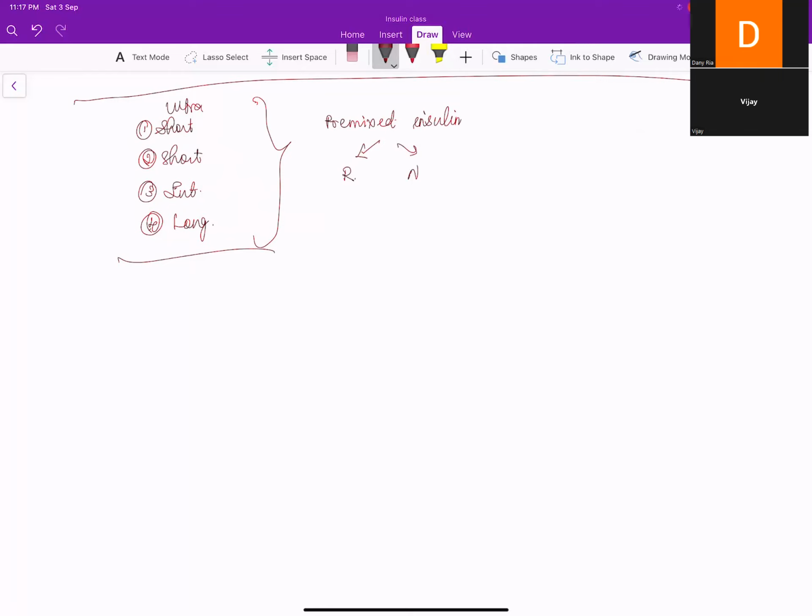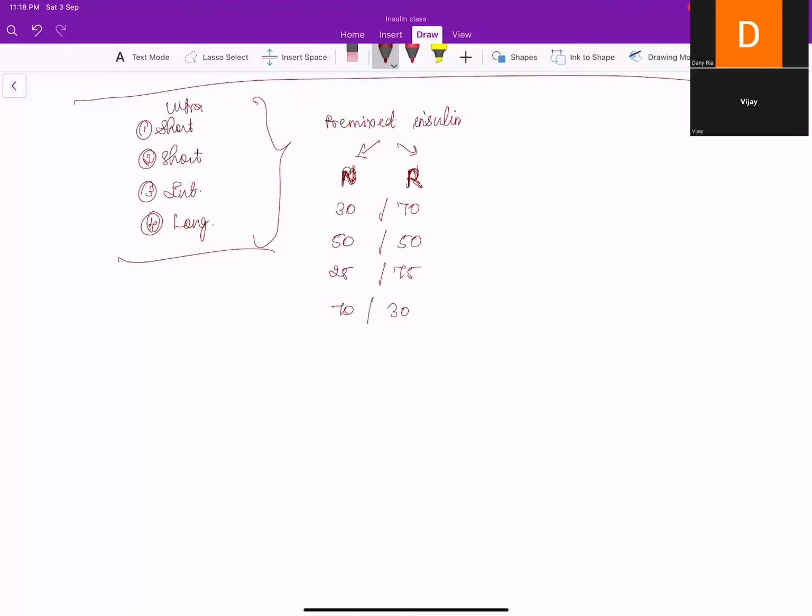Usually the N component is written first, N R. Whenever we say 30-70 premix, it means 30% is N insulin, 70% is R insulin. 50-50, 50% N, 50% R. 25-75, 25% is N, 75% is R. We have 70-30 also. 70% N, 30% R.